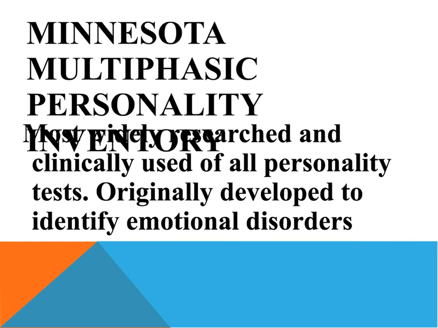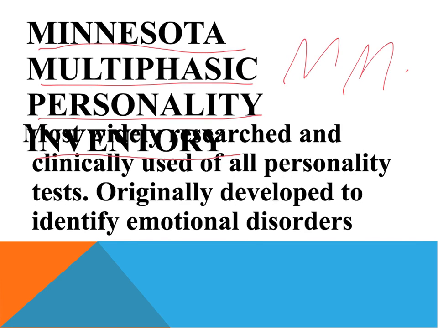But the most popular personality inventory is called the Minnesota Multiphasic Personality Inventory, also known as the MMPI. Originally, this test was designed as an intelligence test, and then it was modified to be a test for psychological disorders.